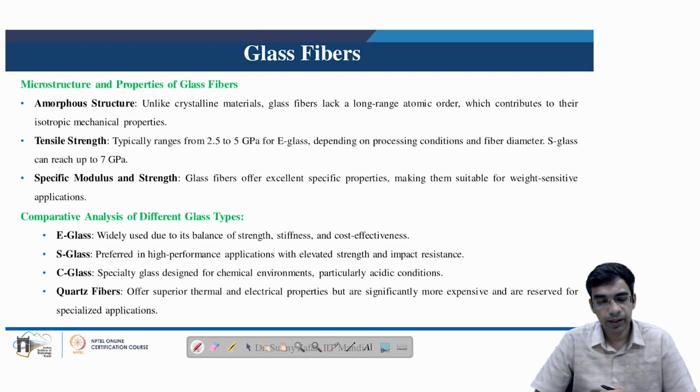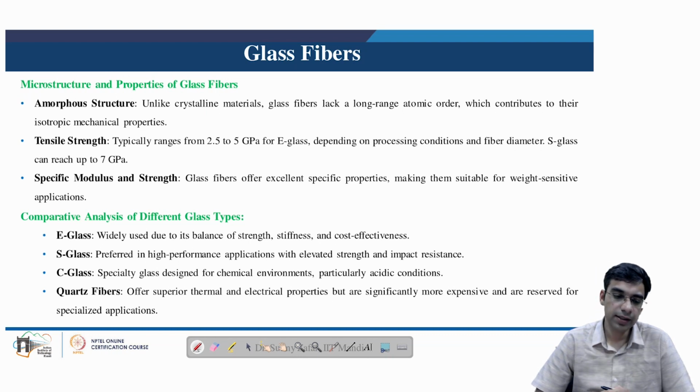If you look at the microstructure and properties of glass fibers, unlike crystalline materials, glass fibers lack long range atomic order. This means that over a long range the atoms are not arranged in a definite order, which contributes to their isotropic mechanical properties.